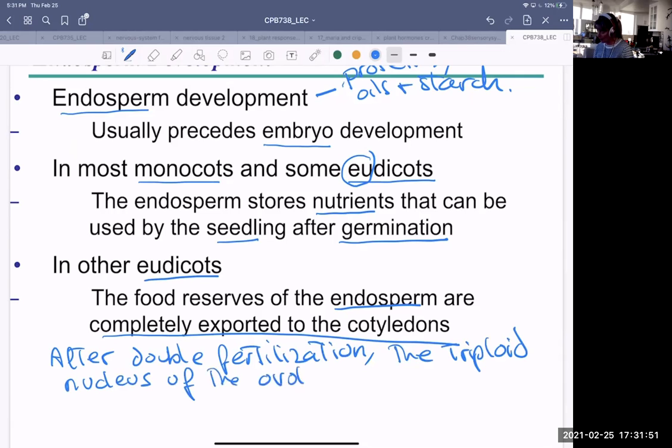It's in the center of the ovule. It starts to divide.